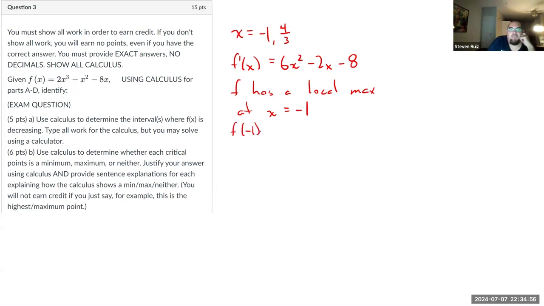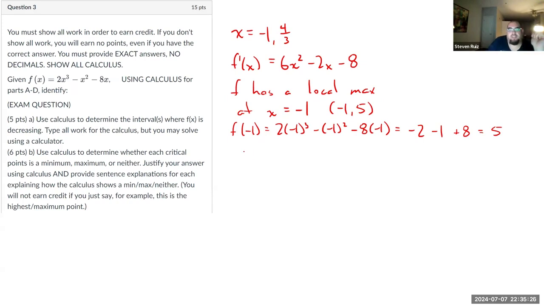F of -1 equals 2 times -1 cubed minus -1 squared minus 8 times -1, which is equal to -2 minus 1 plus 8, which is 5. So local max at -1, 5. So that's how the first derivative test can be used to justify that.